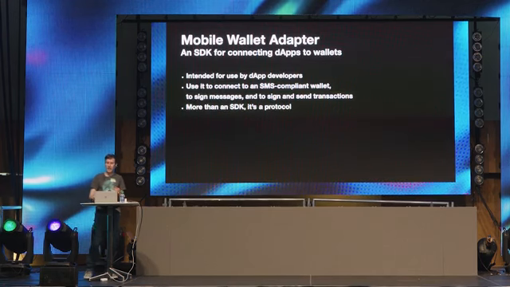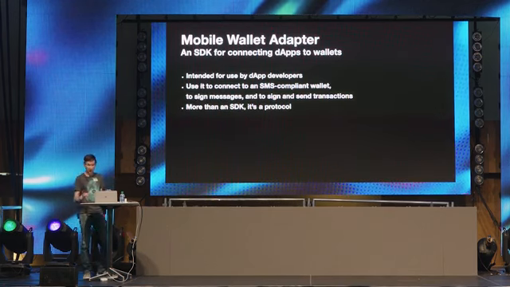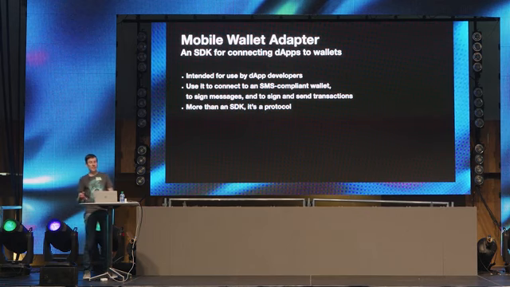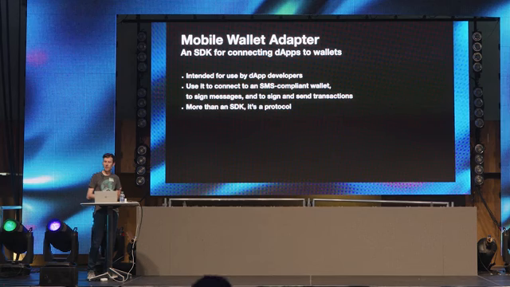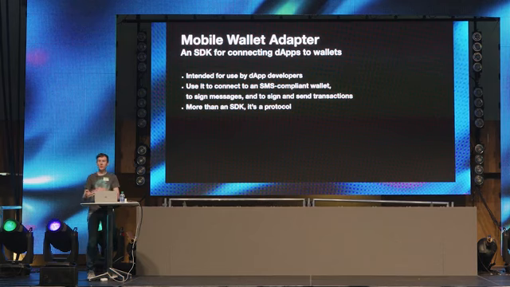But more than an SDK, it's a protocol. The Mobile Wallet Adapter Protocol describes how to build dApps and wallets that can freely cooperate, both locally on a device, but also remotely over a network, like a peer-to-peer connection, like Bluetooth. It describes how to do this, but it doesn't prescribe exactly what you need to use.